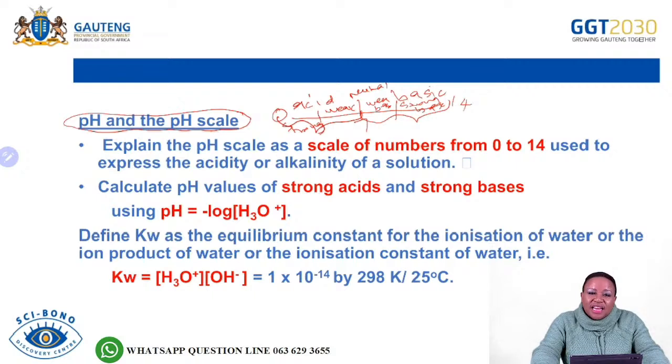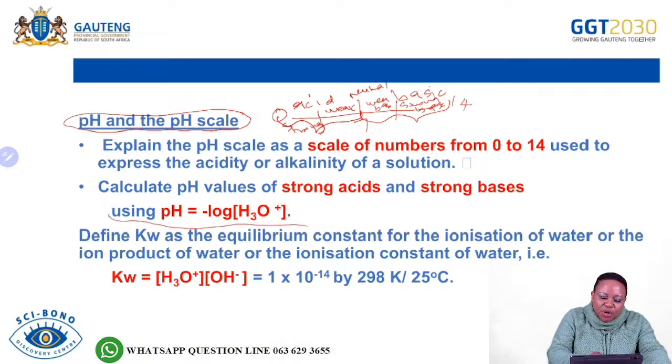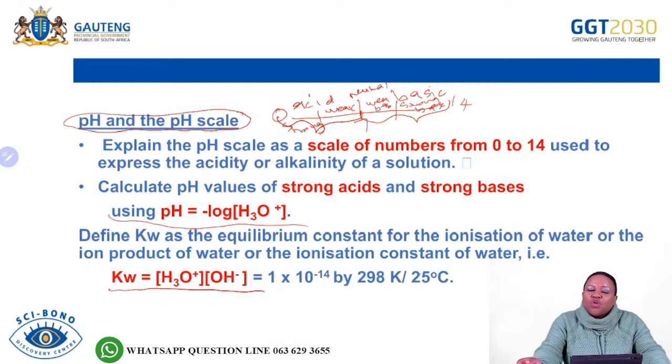Therefore, after understanding that, we also calculated the pH using the formula pH is equal to minus log the concentration of H3O+. And we also talked about the Kw, which was the ionization constant of water, whereby when we are looking for the pH of a base, we know that the base doesn't have the H3O+ because, according to Arrhenius, a base produces a hydroxide ion.